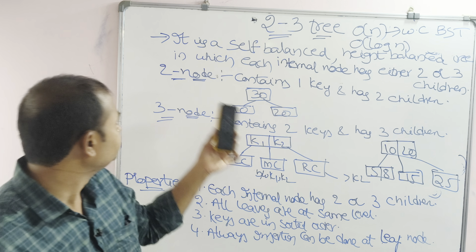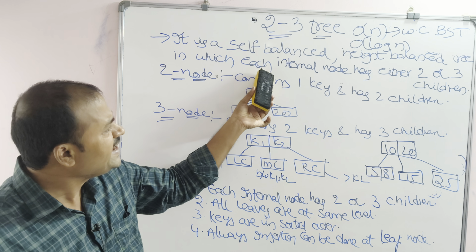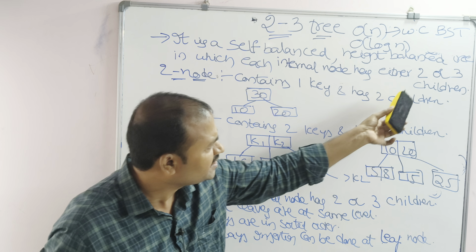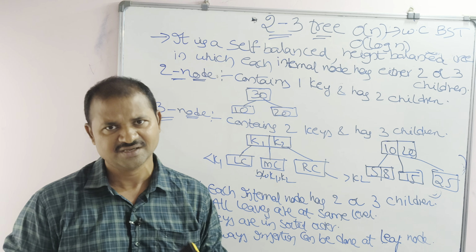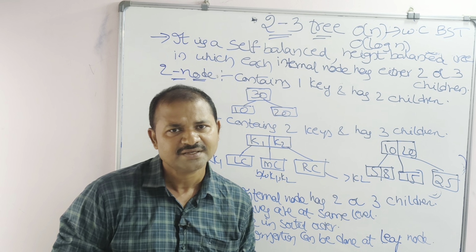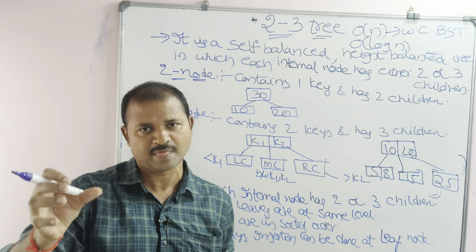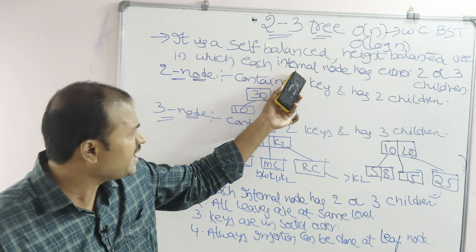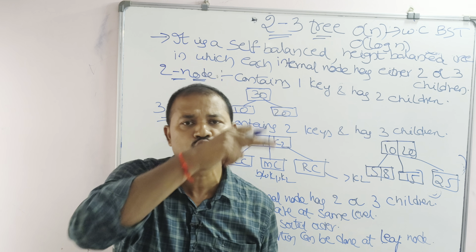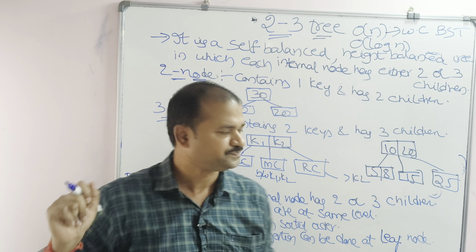It is a height-balanced tree in which each internal node has either 2 or 3 children. Internal node means it is not a leaf node; it is a parent node. So here the parent node has either 2 or 3 children.